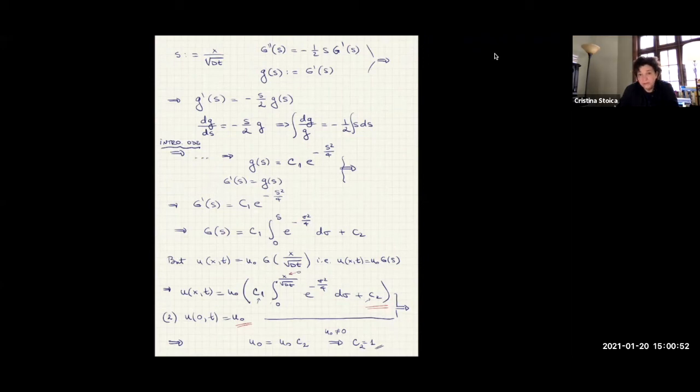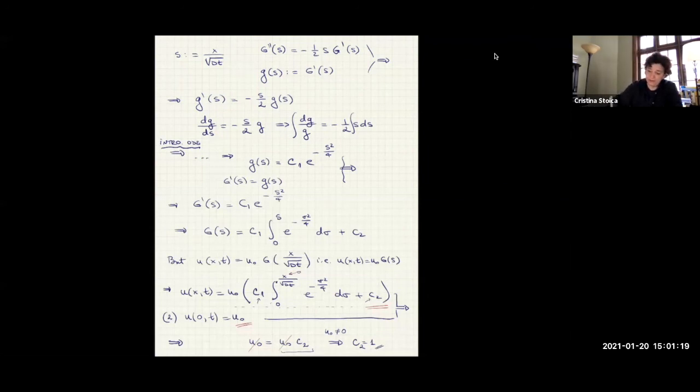So it dies. What we have from all this expression on the right is just u naught times C2, and it has to be equal to u naught. Now, because u naught is not 0, we can cut it. So we end up with C2 is 1. That's that.